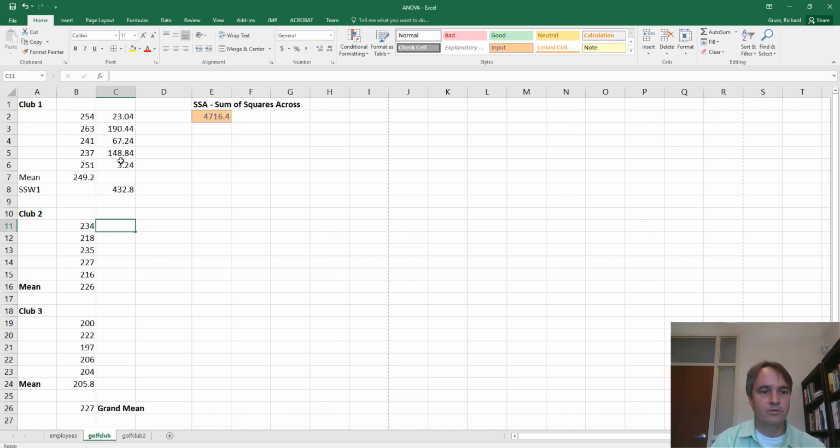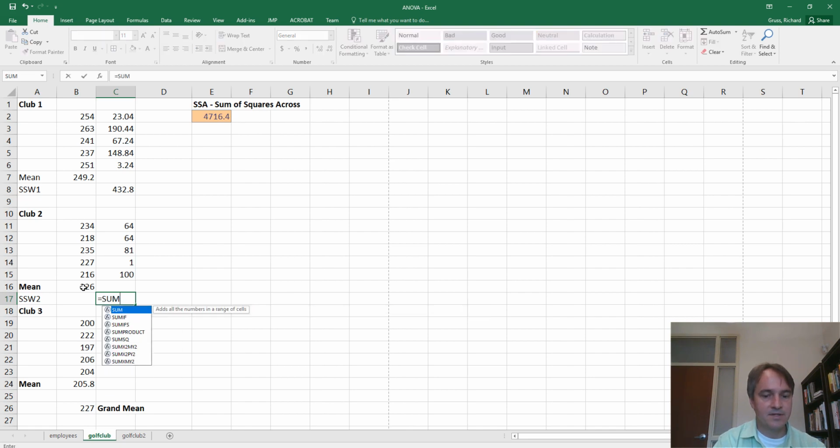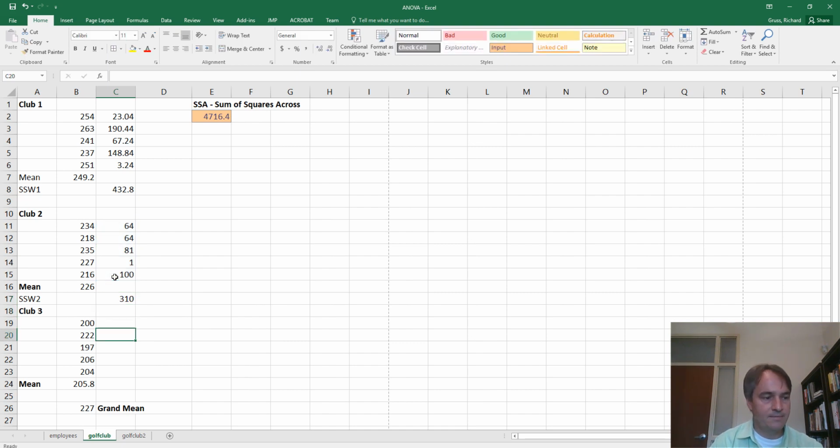So I'm just going to go ahead and do it real quick. This is just going to be equal to the distance between this and its group mean, make it an absolute reference and square it. Then I'm going to add all these up. So sum of squares within for group 2 is going to be the sum of these. It's 310.